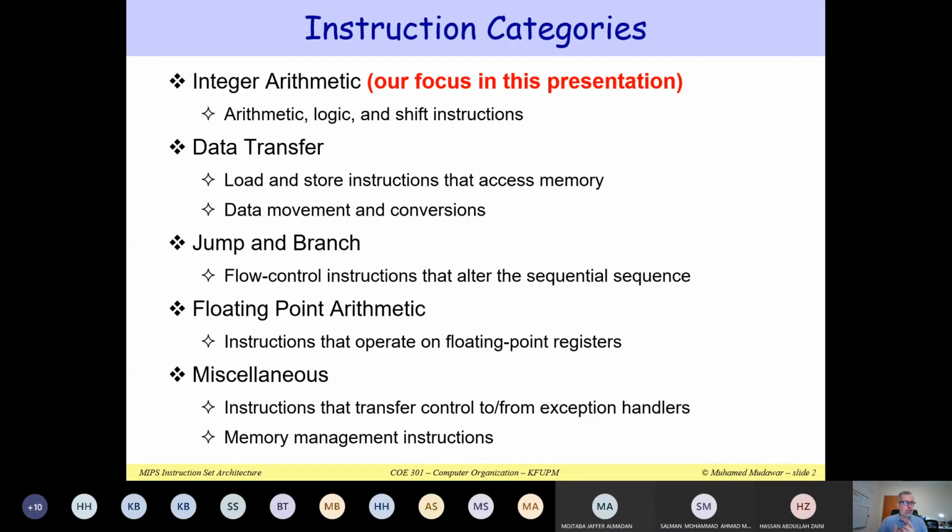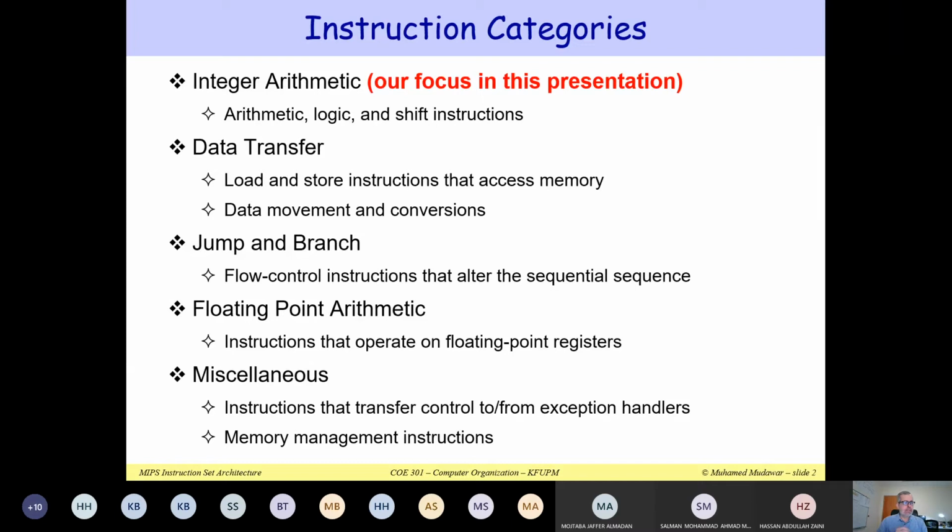The system call instruction is essential as an interface between the application program and the operating system. It is needed to obtain a service from the operating system. Plus, we also have some memory management instructions and instructions to transfer control to an exception handler or to return from an exception. So these are miscellaneous instructions.